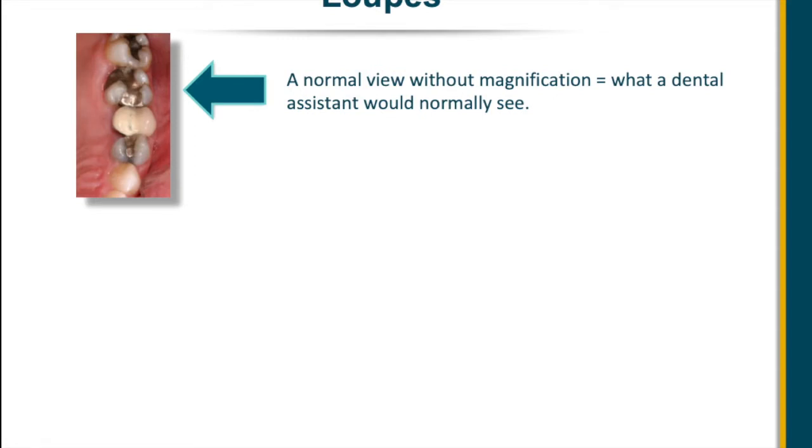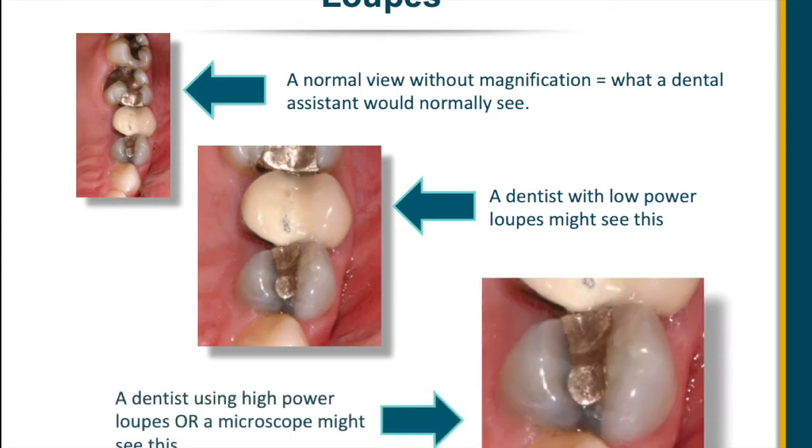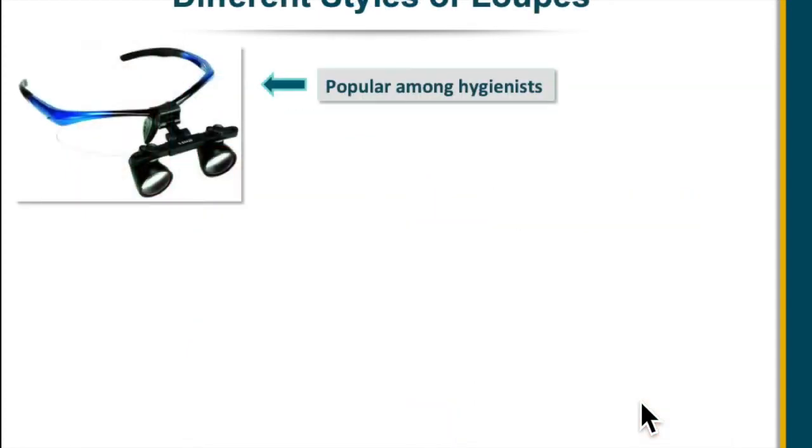A normal view without any magnification, what a dentist would see with low power loupes, and with really high power loupes or a microscope, the dentist might be looking at something like this. So this tooth right here, this premolar, might look like this through the dentist's loupes. So it helps them get up close and personal with the tooth and see a lot better.